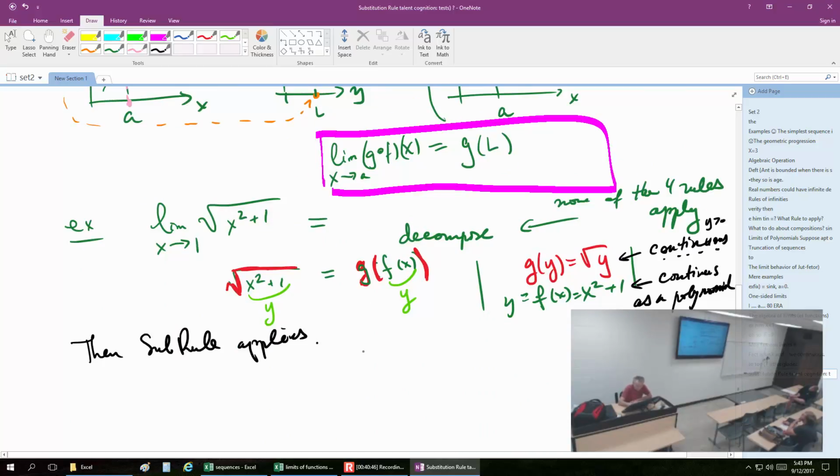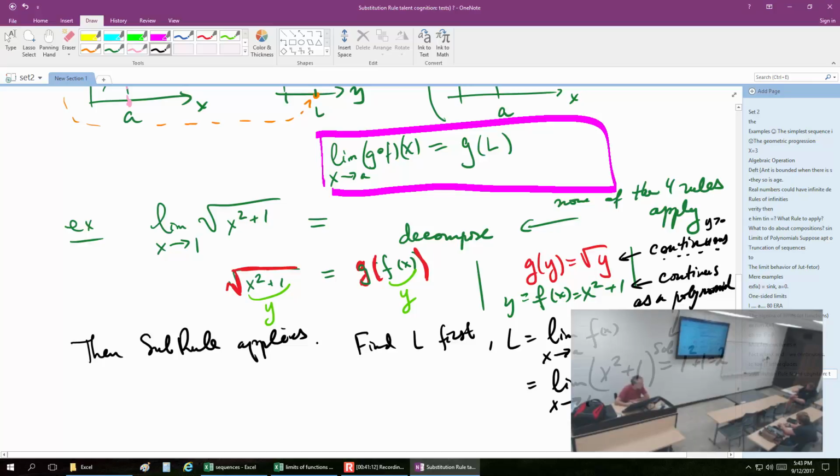So let's find L first. And L is the limit of f of x as x approaches 1 of x squared plus 1. We evaluate by substitution again because the function is continuous, as we know. So we simply have 1 squared plus 1, which is 2.